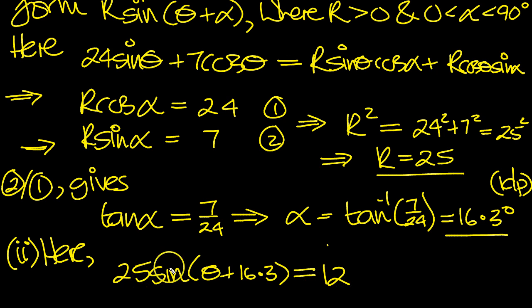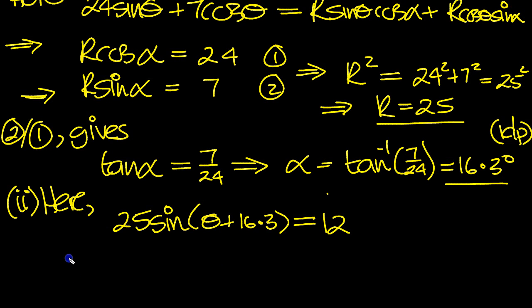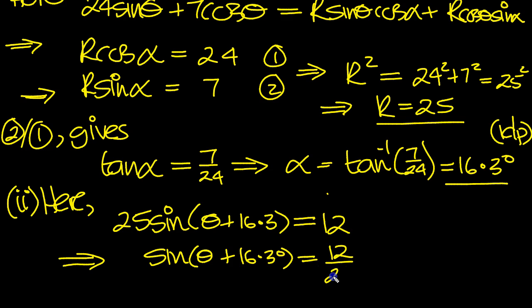So divide by 25, move the 25 from times down to divide, and that tells us sine of this angle. Theta plus 16.3 degrees is equal to 12 over 25. Tap it in the calculator if you need to. 48 over 100 is 0.48.